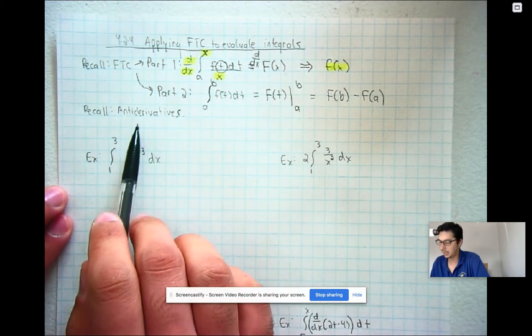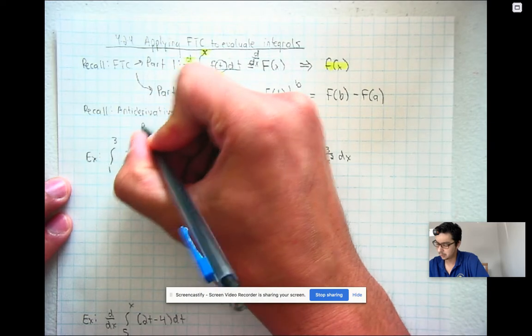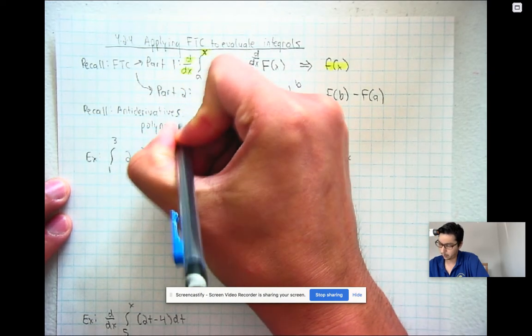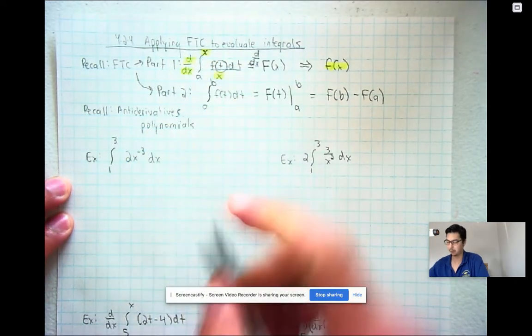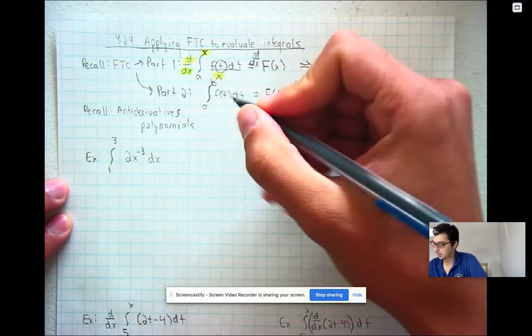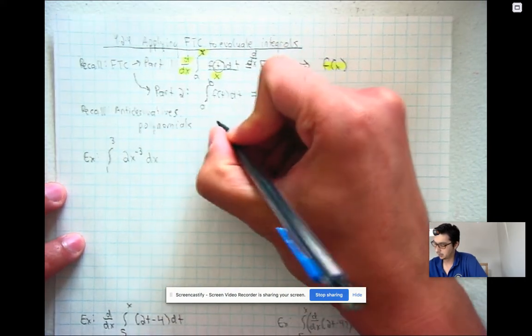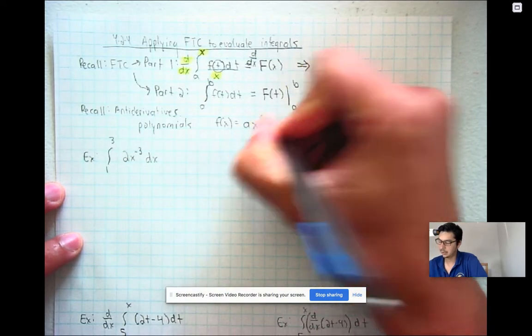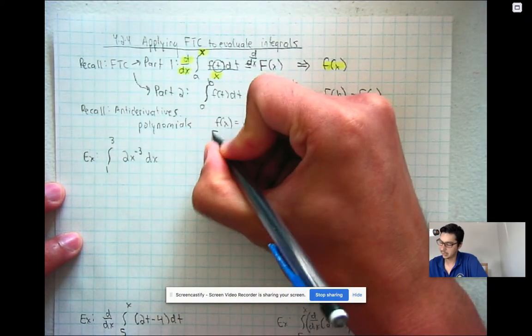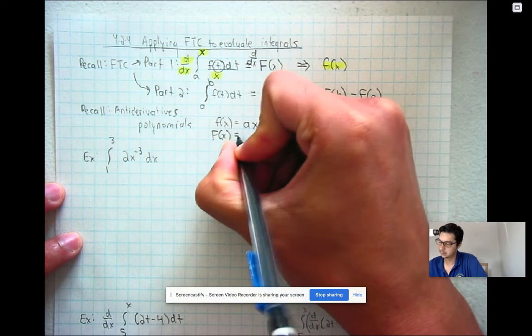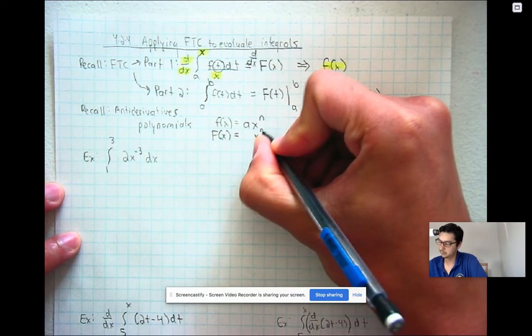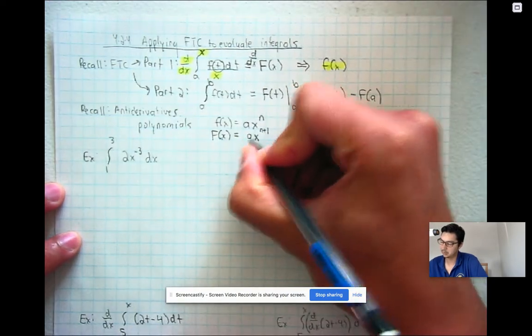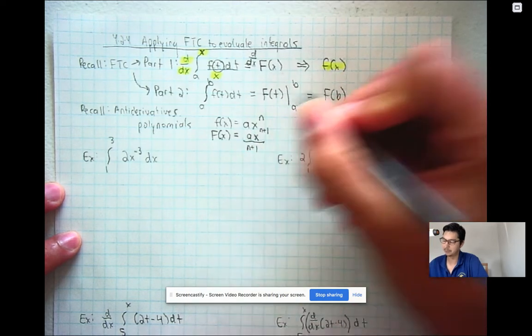And then recall what an antiderivative is for polynomials. You've gotten to a point now where hopefully you've picked up on the pattern. If you have a function ax to the n, to get the antiderivative, you add 1 to the exponent and then divide by that number.